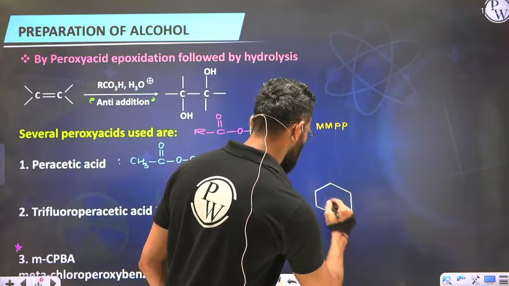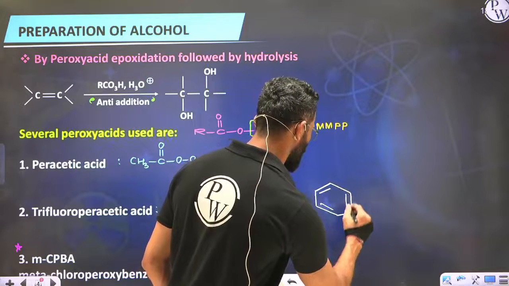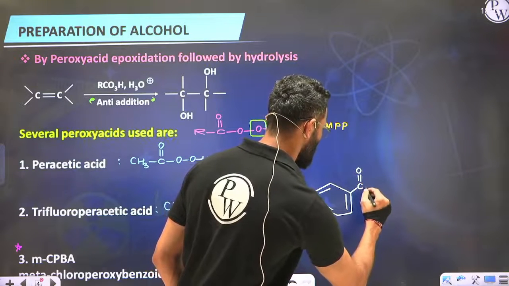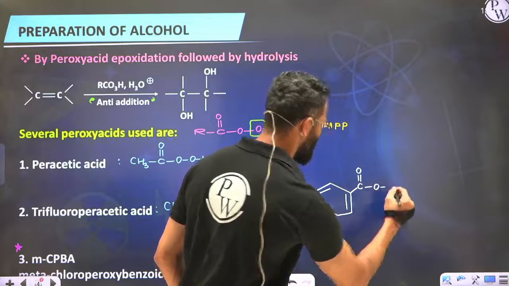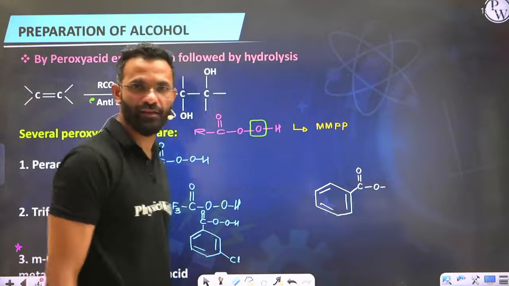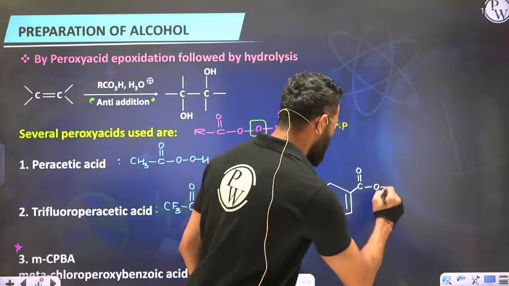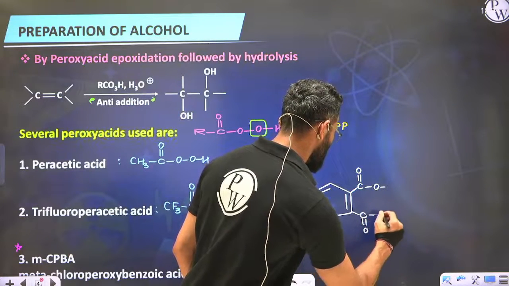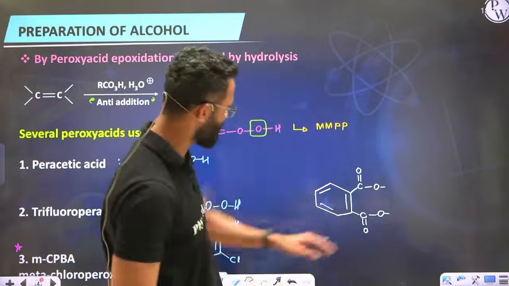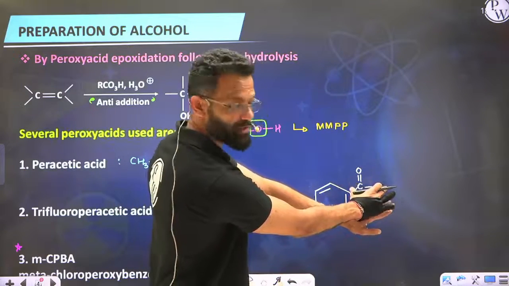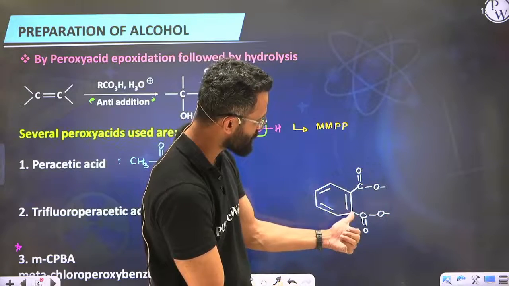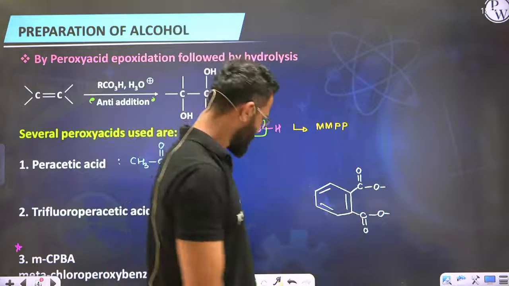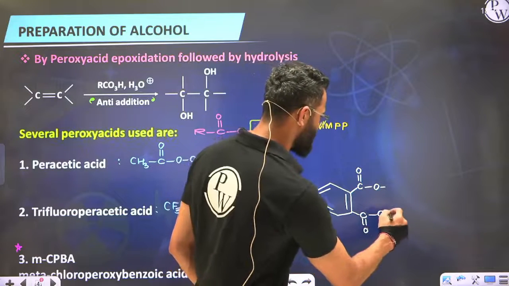What is phthalic acid, everyone? It is benzene 1,2-dicarboxylic acid. If I write H here, it's going to be what? Phthalic acid. Similarly, if I had taken one COOH, that would have been benzoic acid. One more COOH at the ortho position makes it phthalic acid.